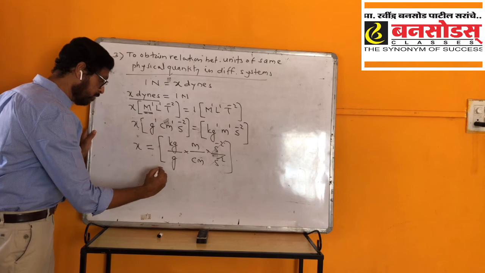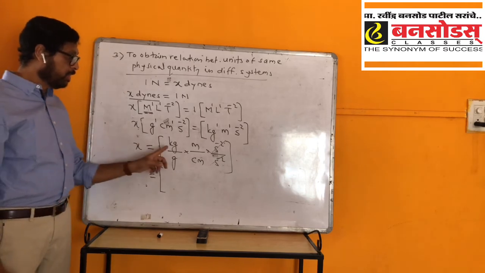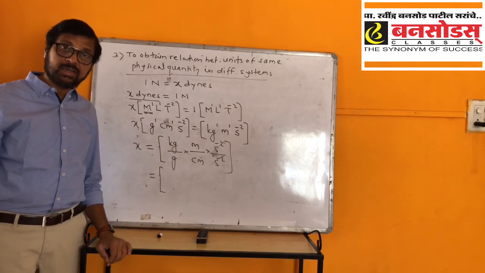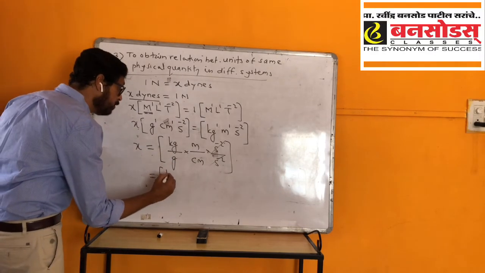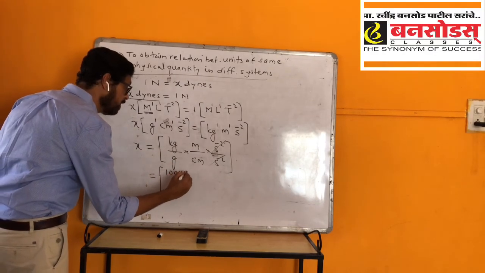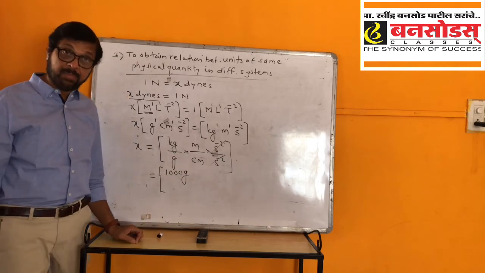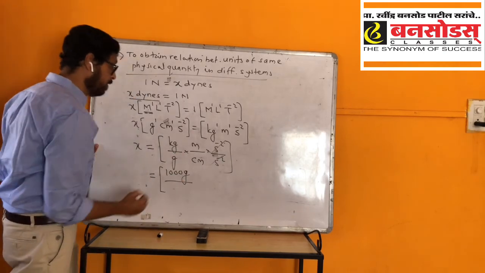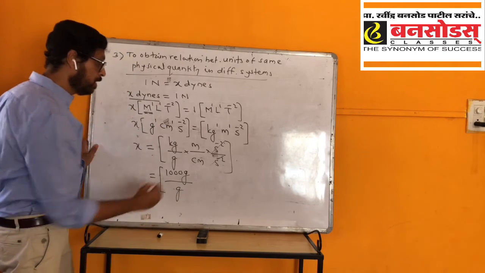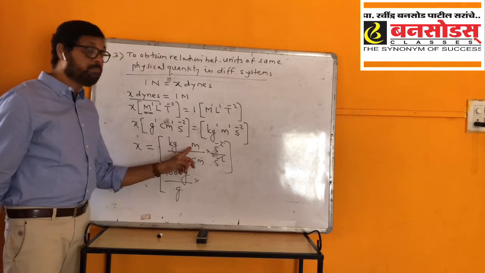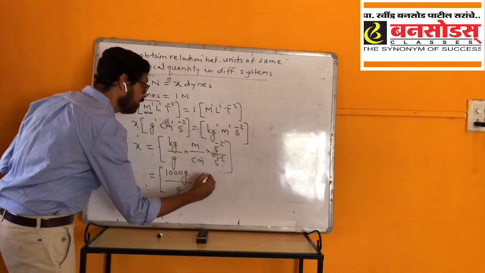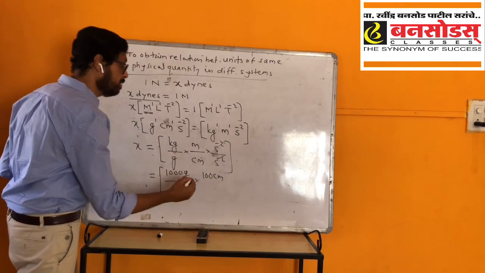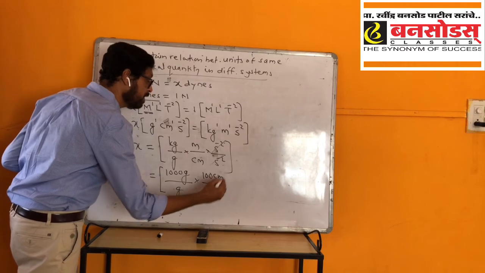So x will be equal to, into bracket, kilogram means what? Kilogram means 1000 grams. So in place of kg, you can write 1000 gram upon g, into meter means what? 100 centimeter upon centimeter.